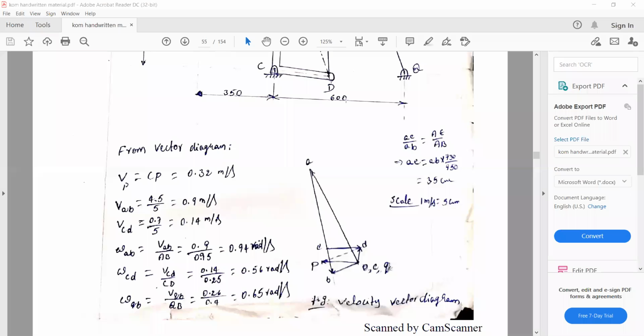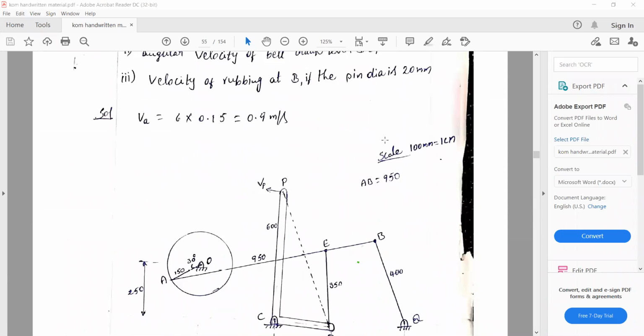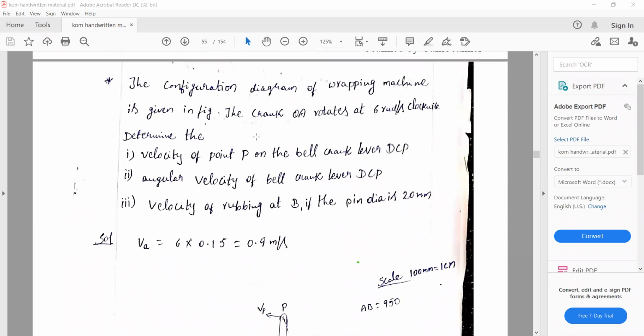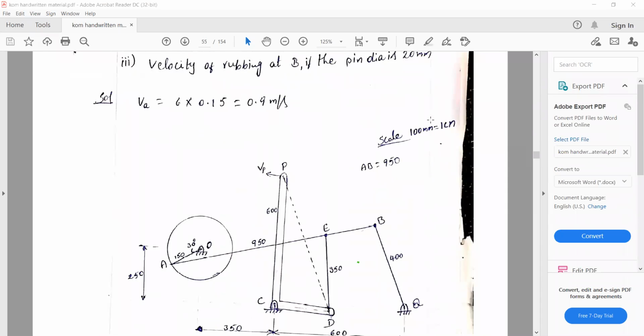All the fixed links are placed here: O, C, and Q. Now is it rotating clockwise or anti-clockwise? It is given as 6 radian per second clockwise.